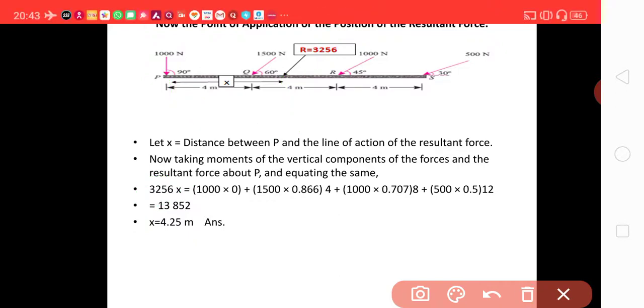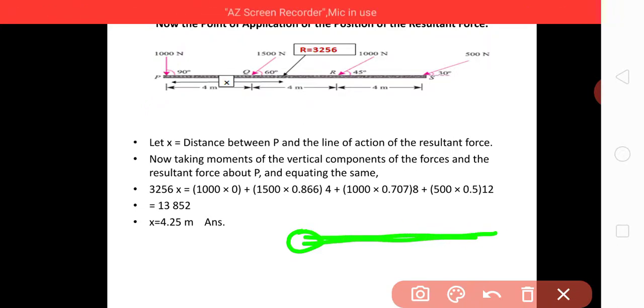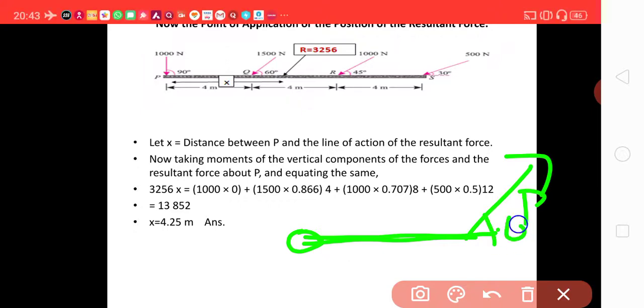Now, let us discuss some more on this topic. We will be dealing with moment in the coming lectures. But what is a moment? Consider this is a lever which is acted upon by a force, say this force P, making an angle theta.